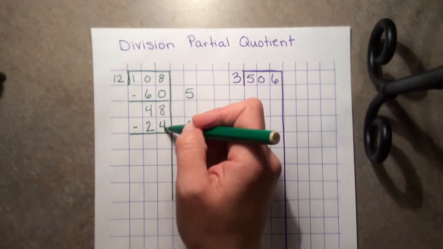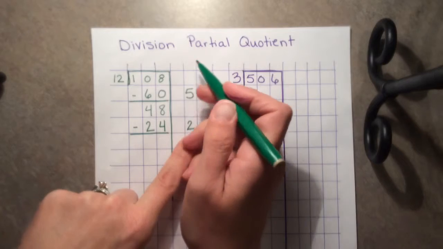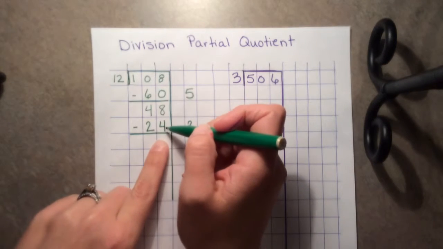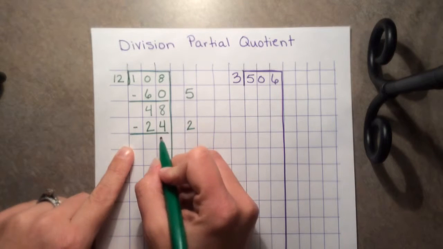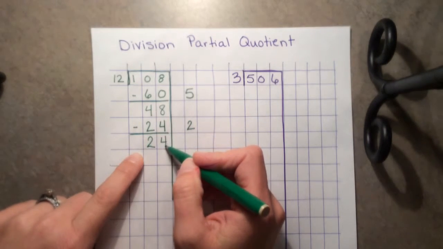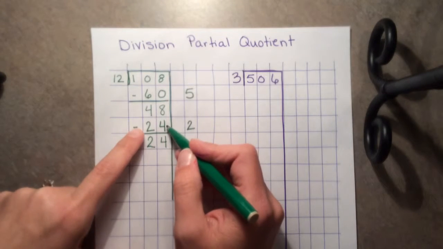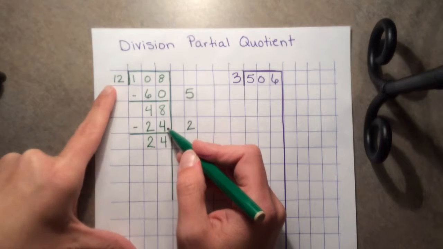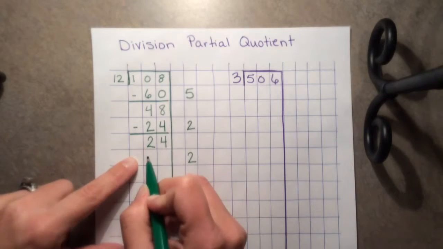Inside my bracket is how much is my 2 groups. My 2 groups of 12 is 24 single objects. I then do my subtraction and I find that I have 24 remaining. Again, my student may think, oh, I knew up here that 2 times 12 was 24, so I can do that problem again.